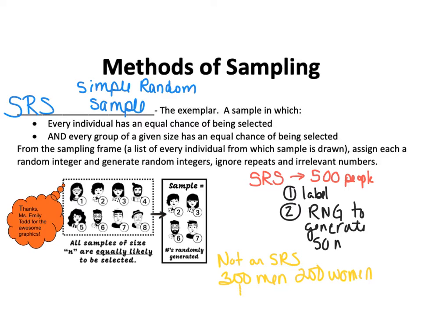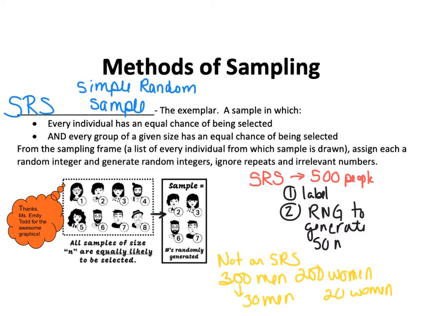So you decide, I'm going to pull a sample of 30 men and a sample of 20 women. 30 out of 300 would be 10%. 20 out of 200, 10% of women would get chosen, 10% of men would get chosen.